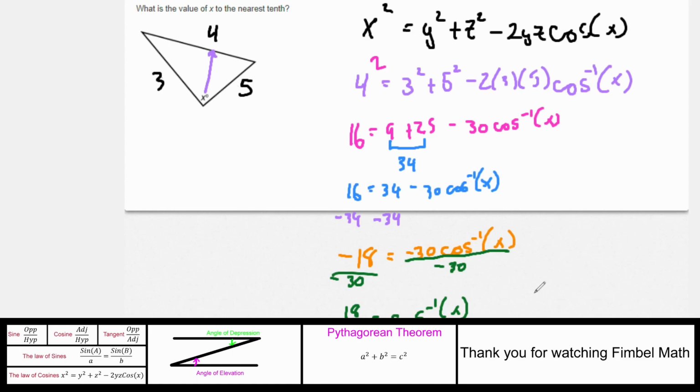And I get, oh, no, it's the nearest tenth, so we're not going to use an equal sign. We're going to say it is approximately 53.13. And of course, when I round it, it stays at that, and I just have 53.1 degrees for x.